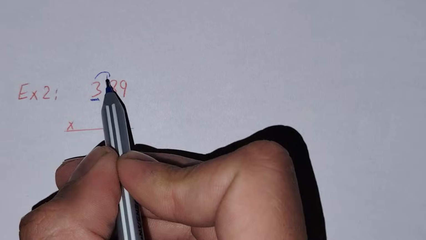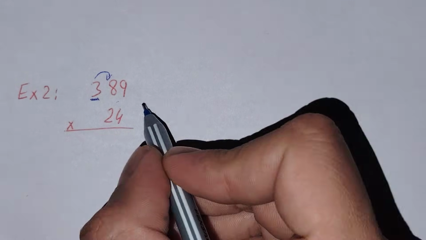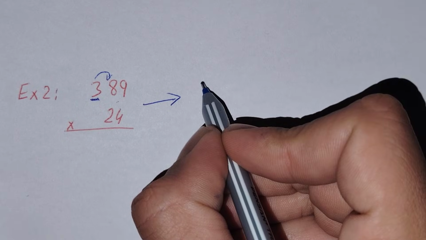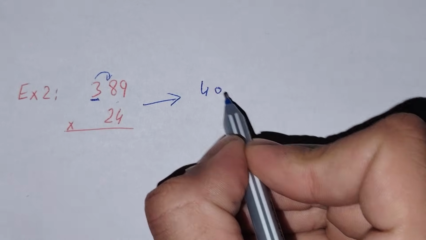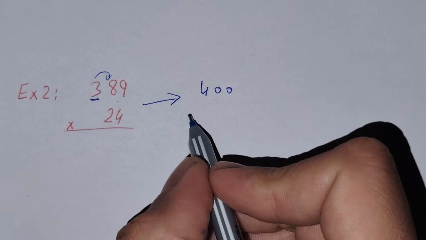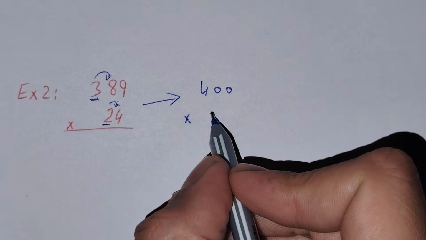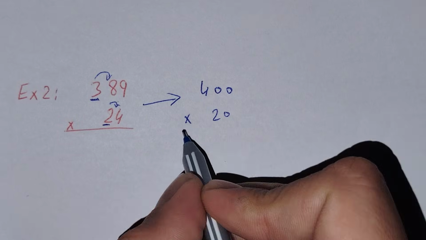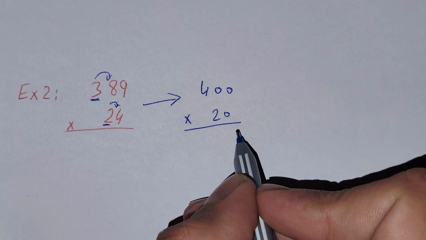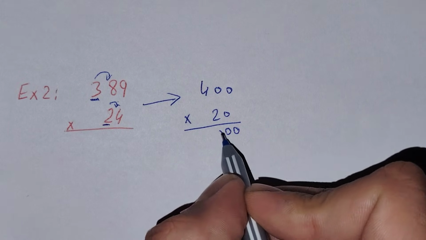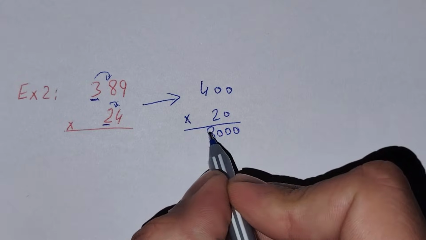Then I'll check on the right side, right digit, which is 8. 8 means round up, so 3 becomes 4 and the rest will be 0 times, here it's round down, so it will be 20. Then 3 zeros at the end of the numbers, we write 3 zeros here. 2 times 4 will be 8.